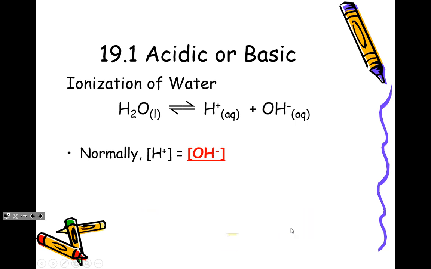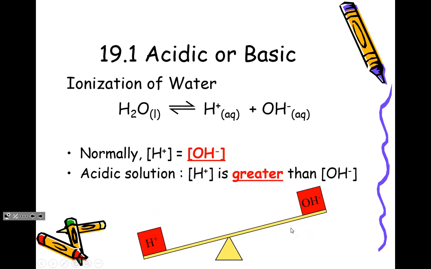Now, anytime that you end up with H+ greater than OH-, and this is really an equilibrium situation that we talked about last chapter, if we add an acid like HCl, which contributes H+, that's going to make this concentration go up, which, as we talked about by Le Chatelier's principle, is going to increase the reverse rate, which is going to shift equilibrium to the left, which fundamentally means we're going to start using up H+ and OH-, so that's going to drive down our OH- concentration.